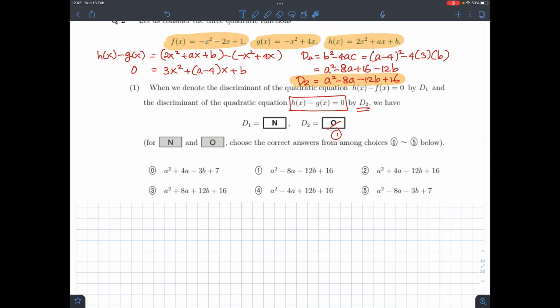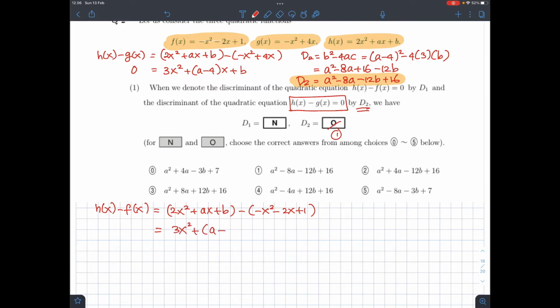Okay, do the same thing for this form, hx minus fx. You just do the same thing, x squared minus negative, becomes positive.